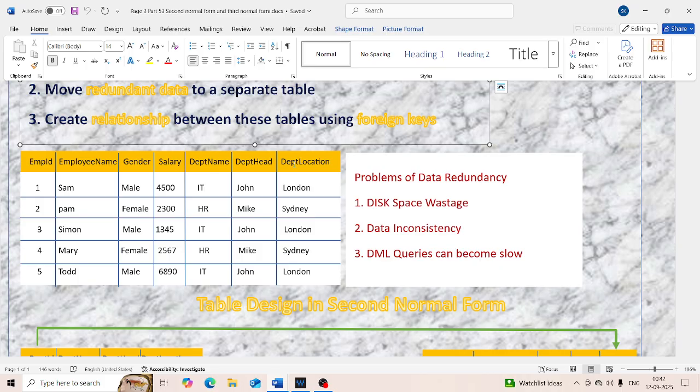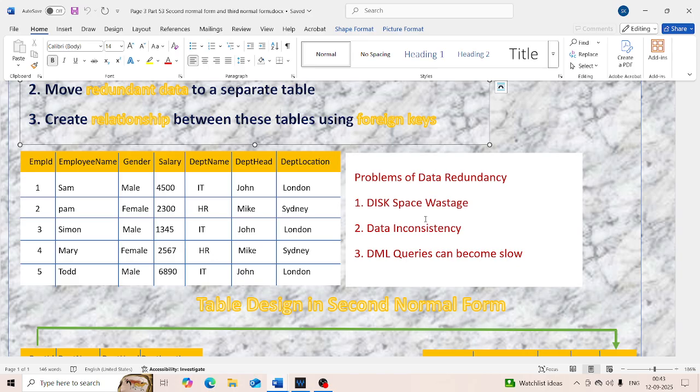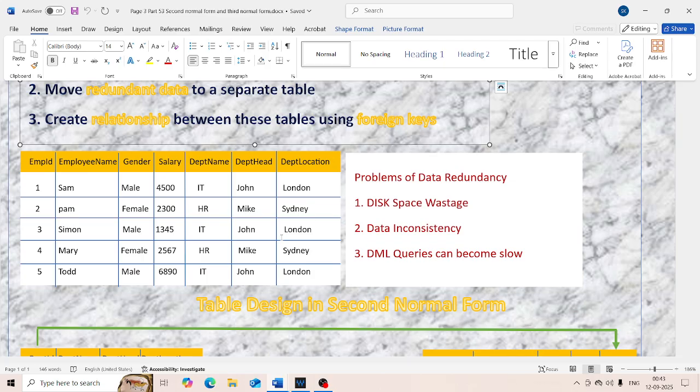And we know that because of data redundancy, there are several problems. What are the problems of data redundancy? Obviously, disk space wastage, unnecessarily repeating department name, department head, and department location information for every employee that you have in this organization.